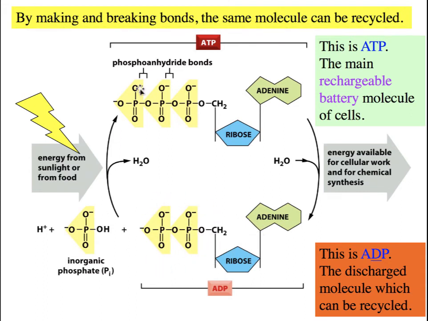However, there are systems which recharge the ADP molecule to ATP using energy from food or sunlight, and when that energy is needed by the cell to perform some work, that energy can be released. So a very important observation is that within cells, energy is stored in bonds during their formation. When those same bonds are broken, the energy is released, enabling the cell to perform some type of work.